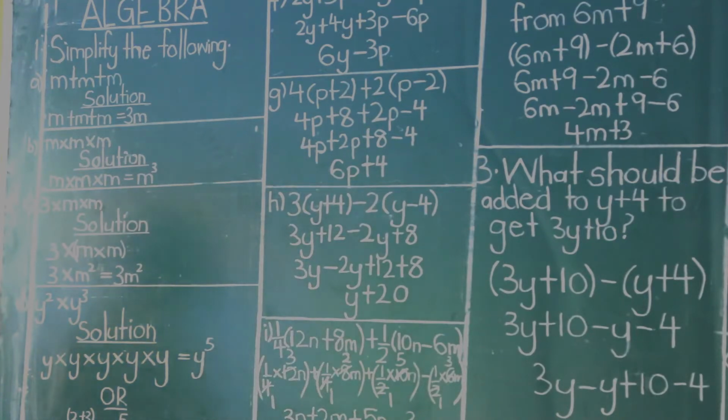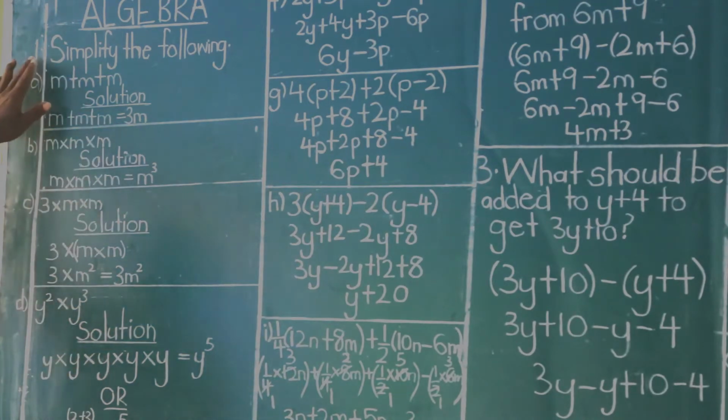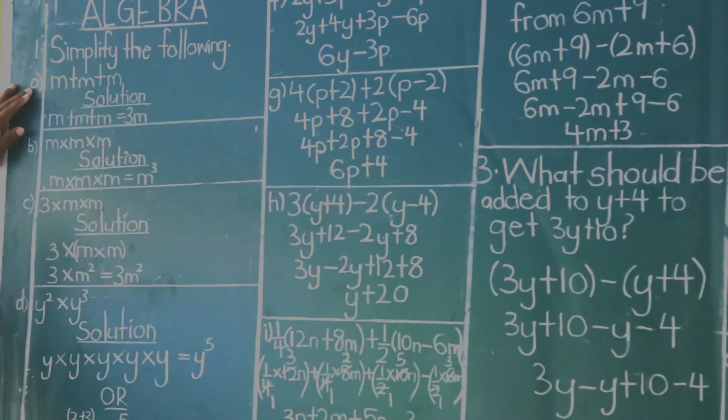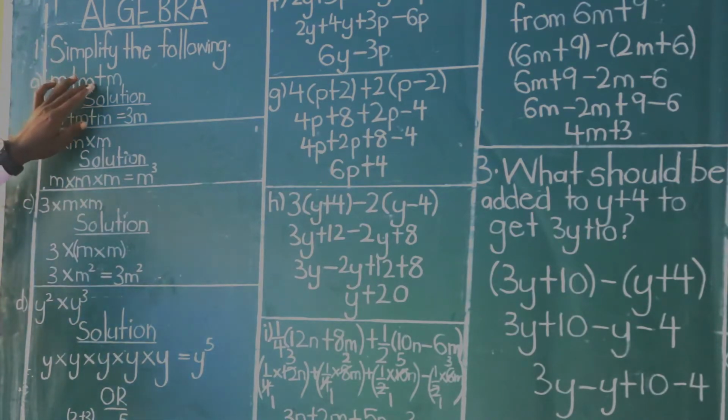We shall start with one form, simplifying, like number one suggests. Simplify the following. Part A says m plus m plus m.